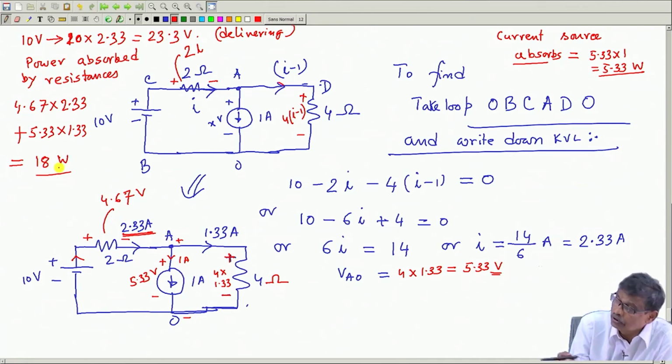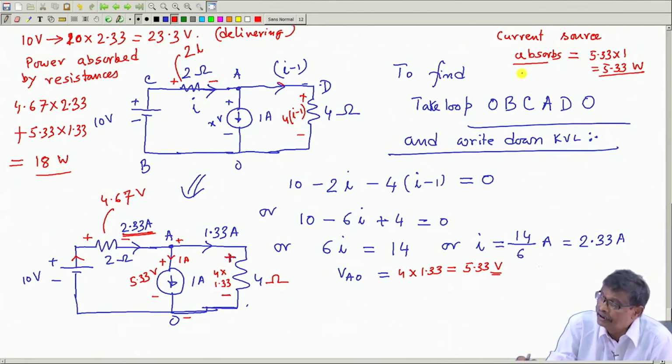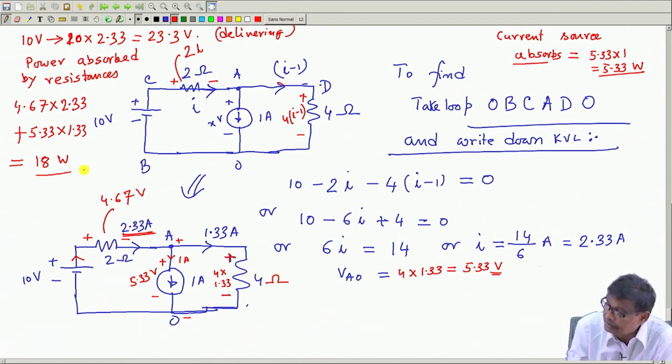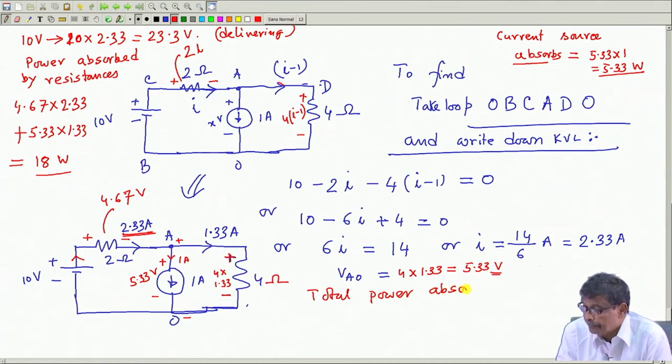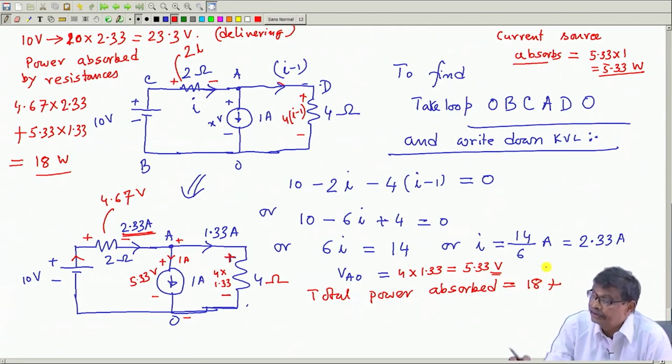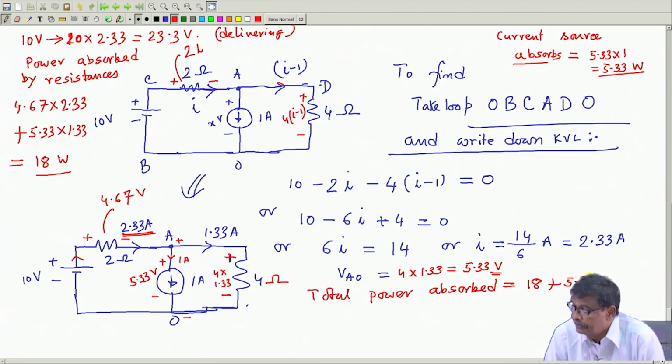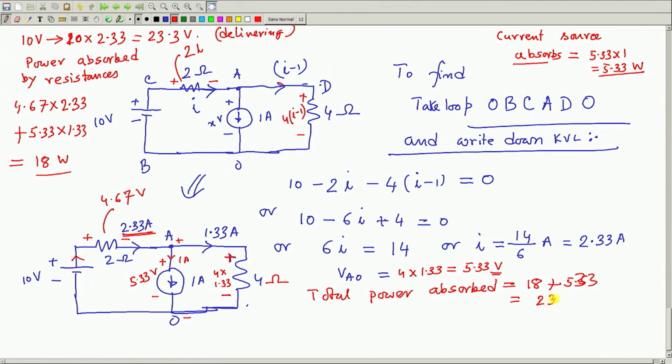Then the total power absorbed will be: the resistances absorb 18 watt, plus the current source 5.33, which will be equal to 23.33 watts, and the power delivered by the source is also 23.33.